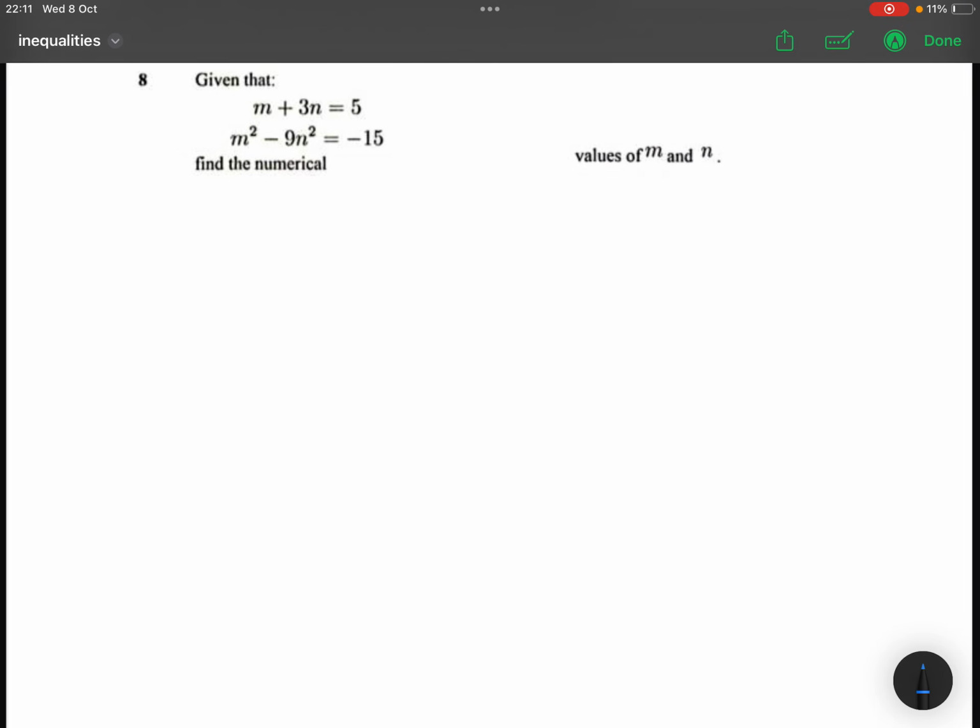The first step is that we need to factorize m squared minus 9n squared. So if we factorize, this is a difference between two squares. We are going to have m plus 3n times m minus 3n is equal to negative 15.